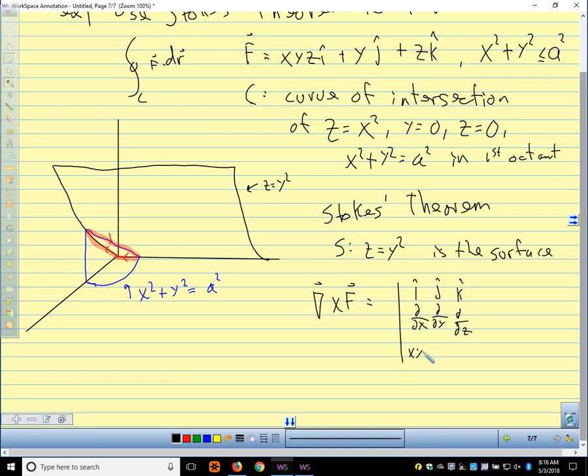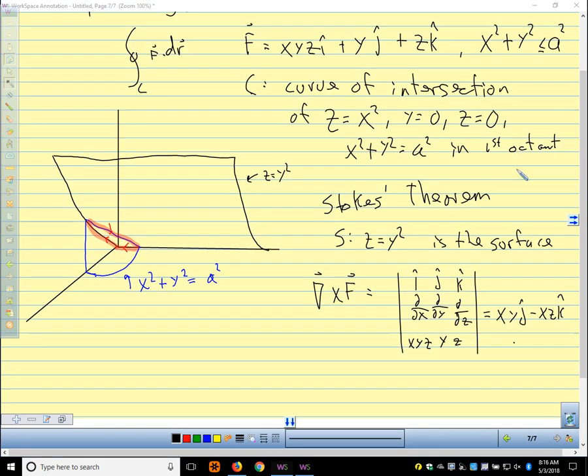When we calculate that curl, we get xy j hat minus xz k hat. Not a difficult one to calculate.